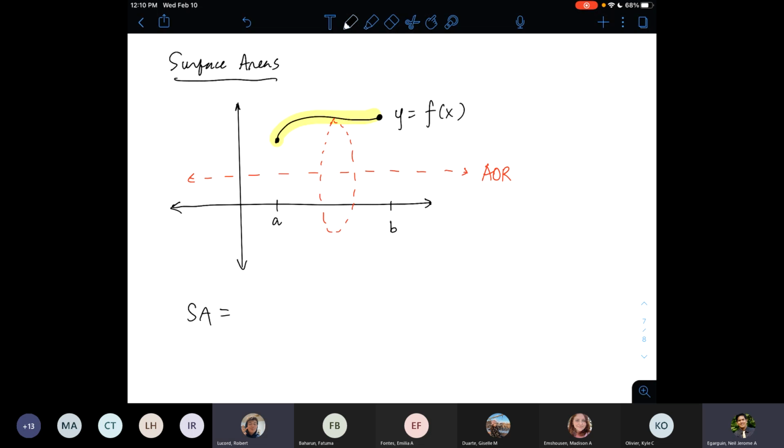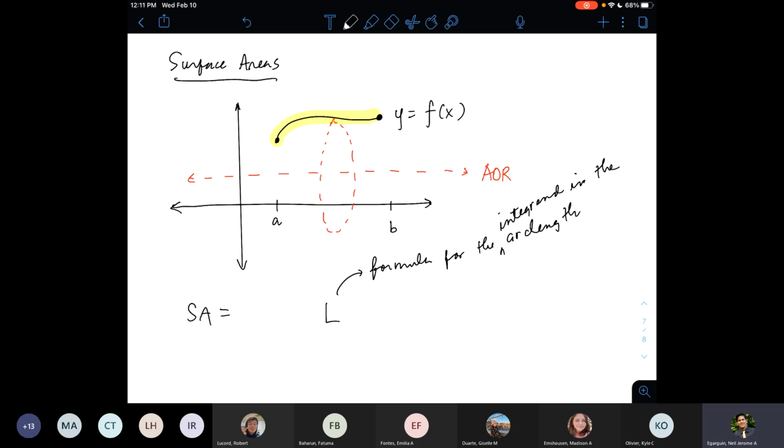So that height or that length will just be the arc length. So here, this is the formula for the integrand for the arc length.